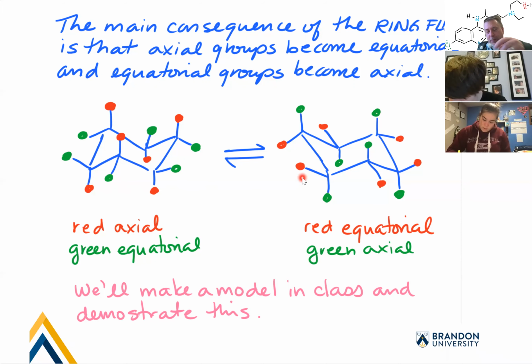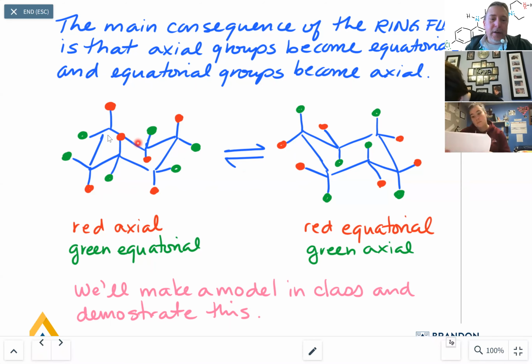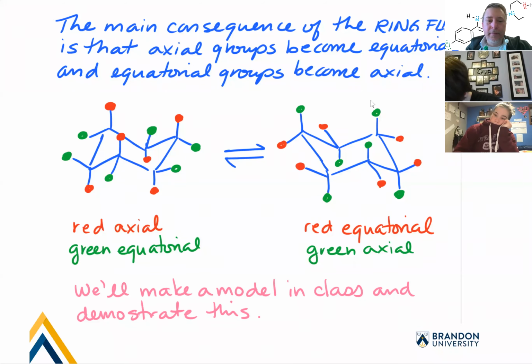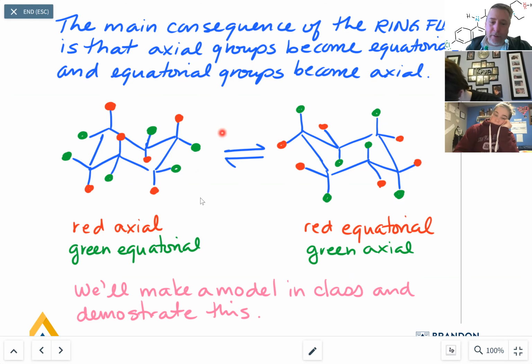Then if you go through the process of doing the actual chair flip, the two groups should change location. They should go from being equatorial to axial or vice versa. So these chairs are conformationally mobile. You can move a group up, move a group down, and in the process what was axial becomes equatorial, and what was equatorial becomes axial.